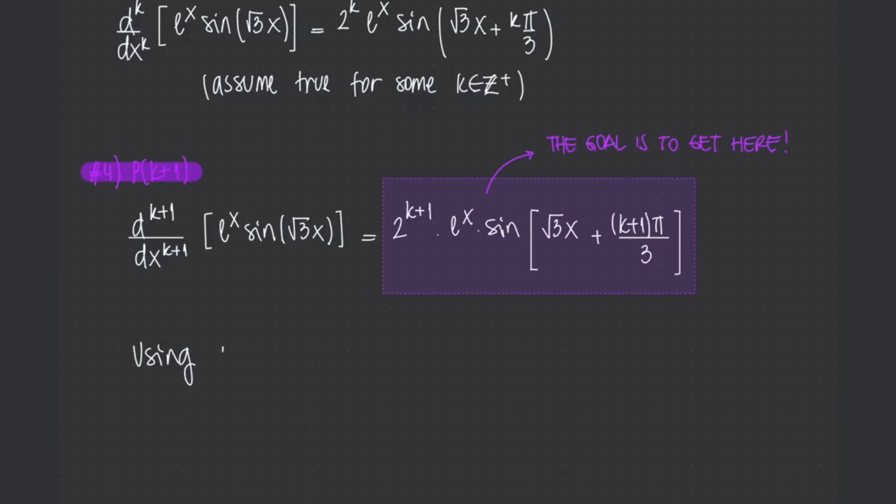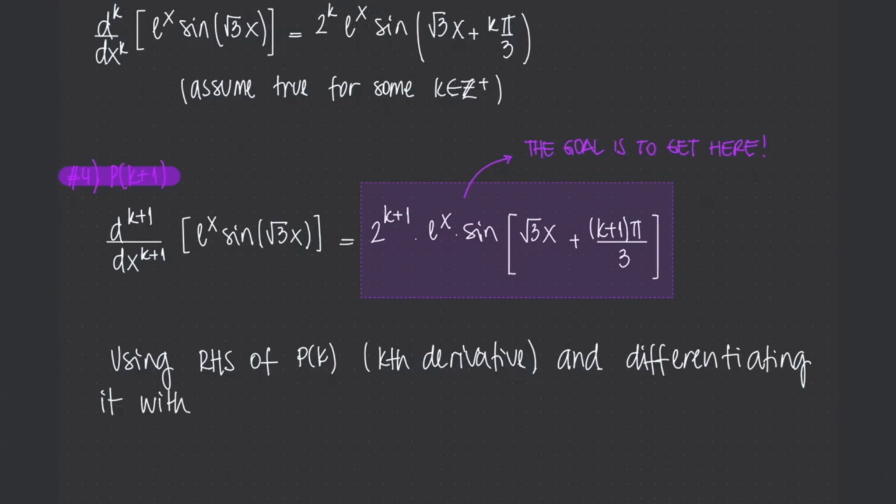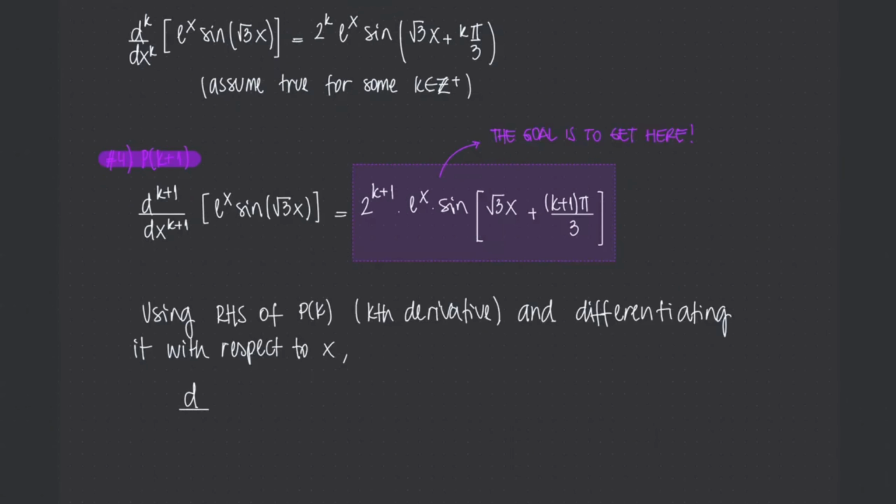Now, using the right-hand side of P of k, which is the kth derivative, which we're assuming to be true, and differentiating it with respect to x. The reason why that works is that if you differentiate k times and then another one, that means you're differentiating k plus 1 times.